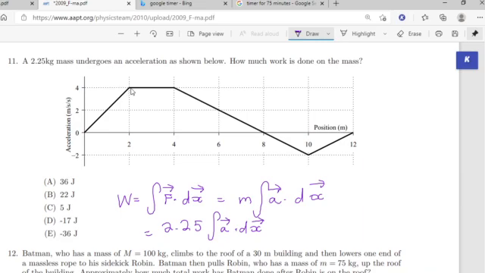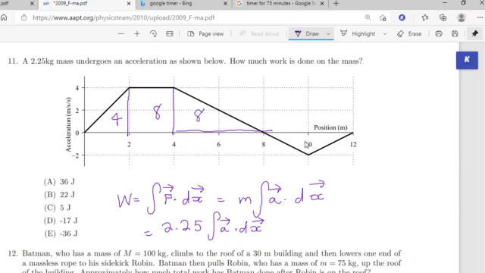So this area here is 4. This area here is 2 times 4, so it's 8. This area here is 4 times 4 divided by 2, so it's also 8.